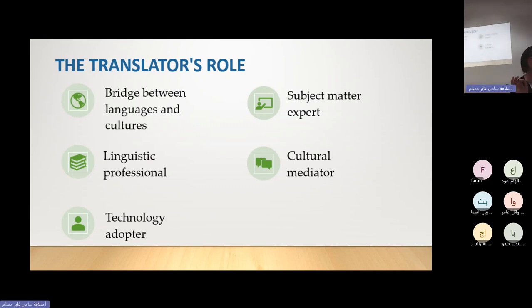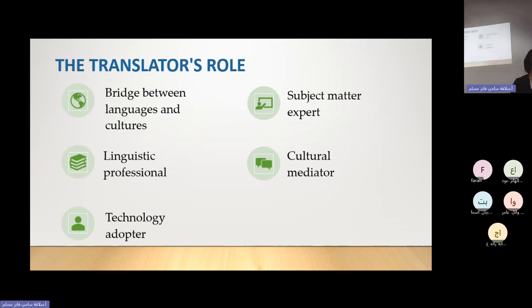What does jargon mean? Special vocabulary. They have their own special vocabulary. I need to be a linguistic expert. I need to know how to write and how the word is pronounced. I can't make mistakes while writing or speaking because I'm a professional translator.